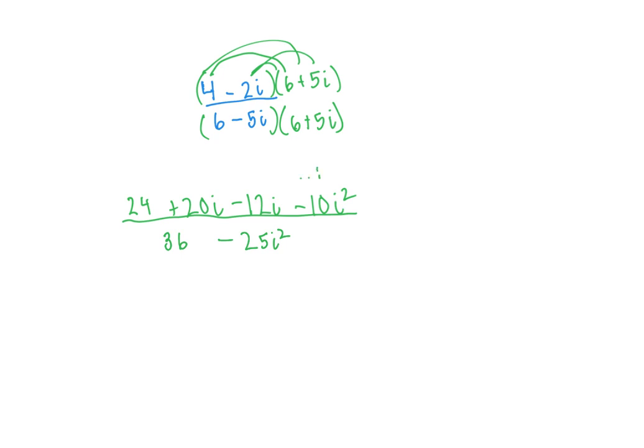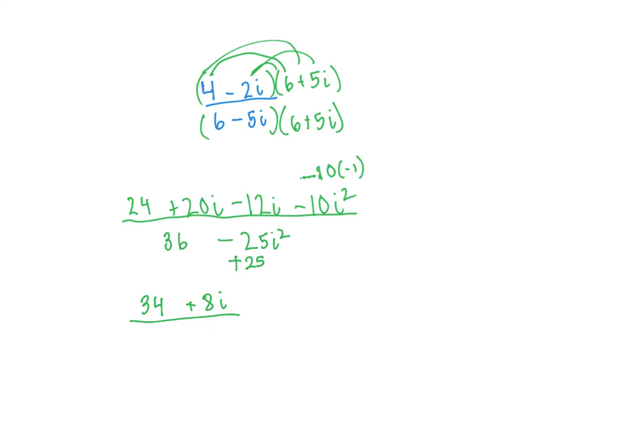I have this minus 10 times negative 1. That's like plus 10. So it's 24 plus 10 is 34. 20i minus 12i is 8i. And then 36 minus 25i squared is like plus 25, because that's minus 25 times negative 1 is a positive 25.